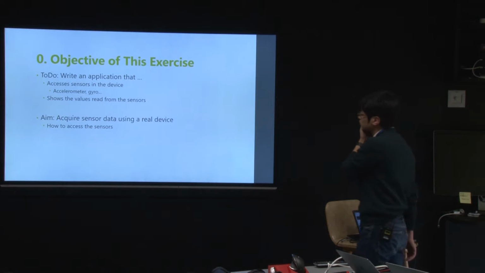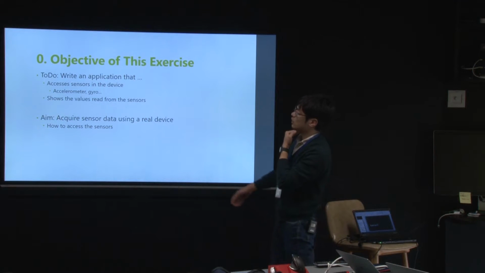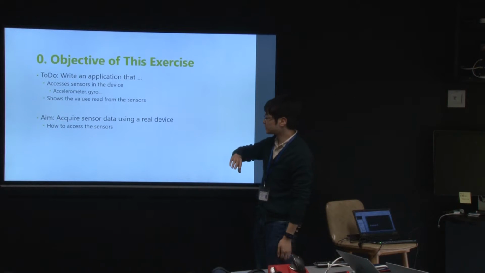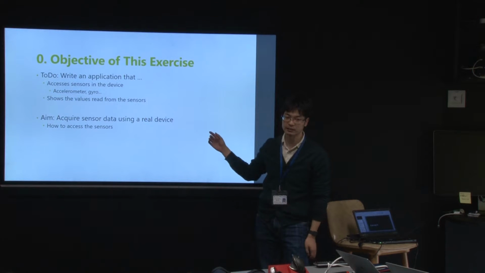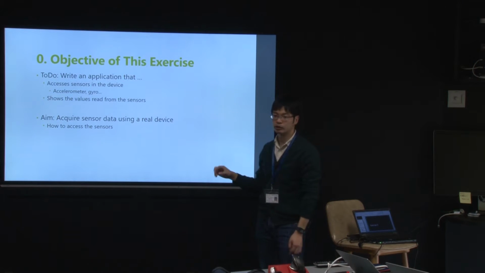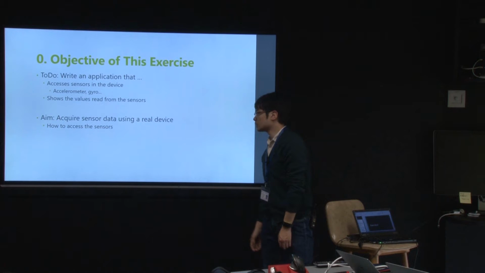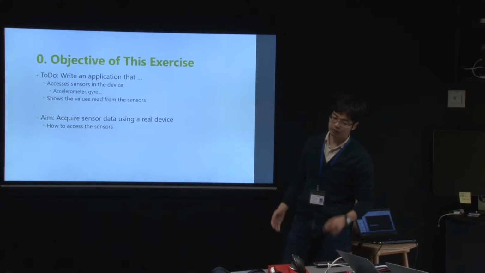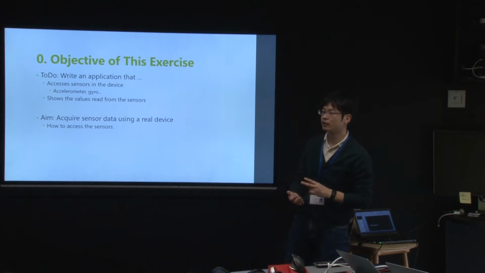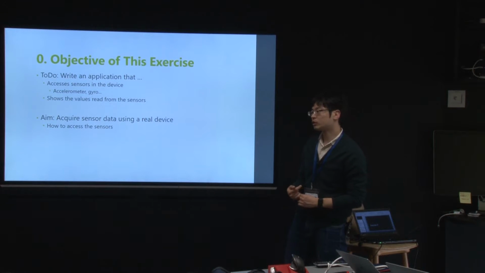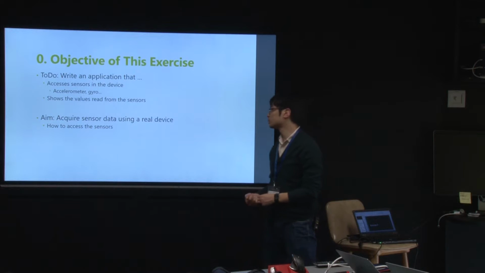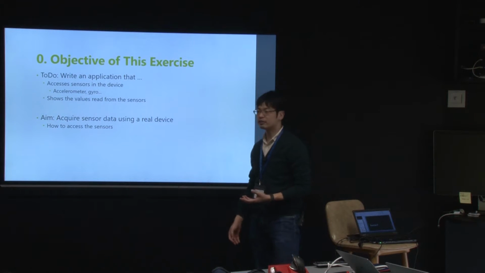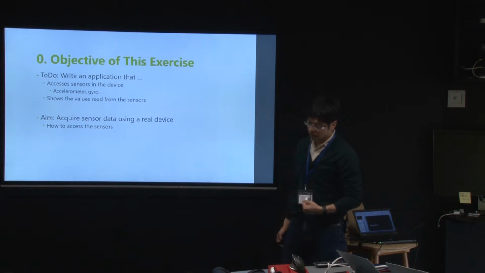For now, what to do is write an application that accesses the sensors in an Android device. Maybe the sensors will be accelerometer, gyro, or magnetic field, or something like that, and shows the value read from the sensors.